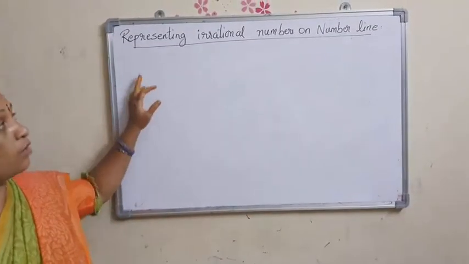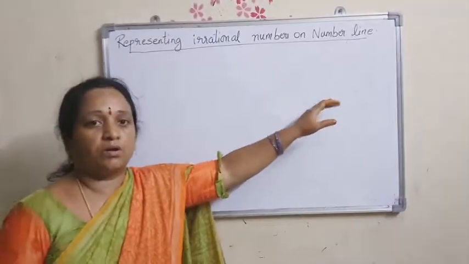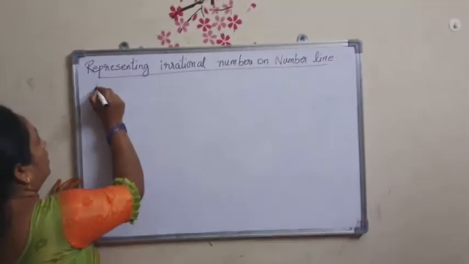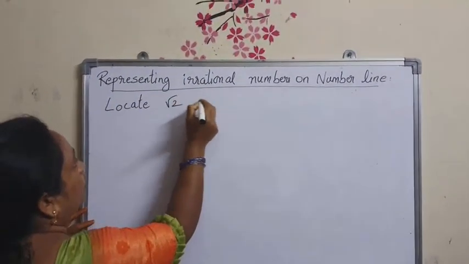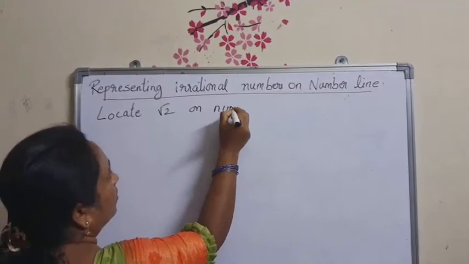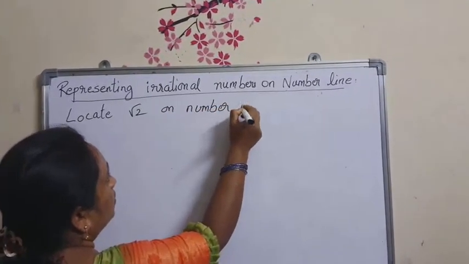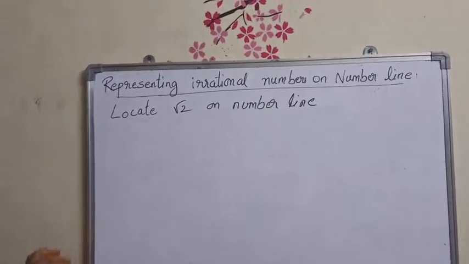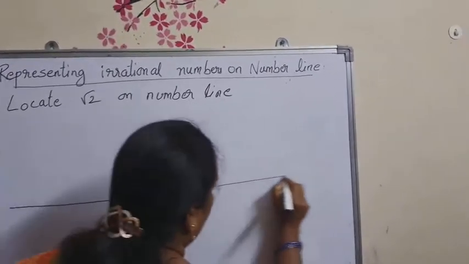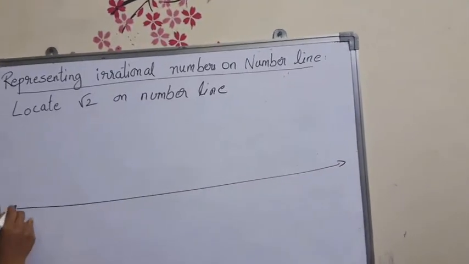Let us learn how to represent irrational numbers on the number line. Let us take how to locate root 2 on the number line. First of all, draw the number line.